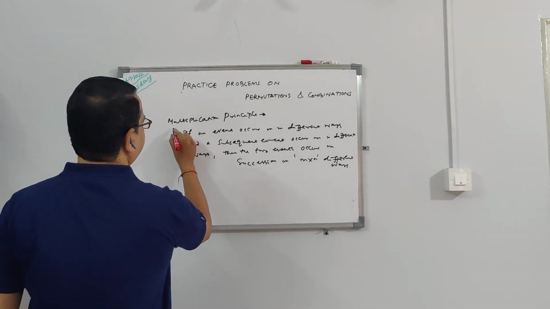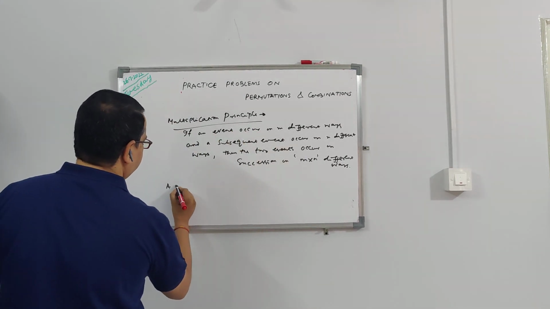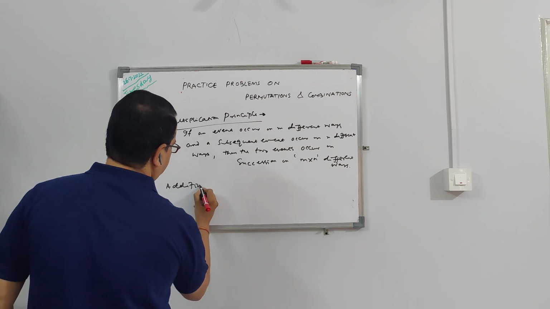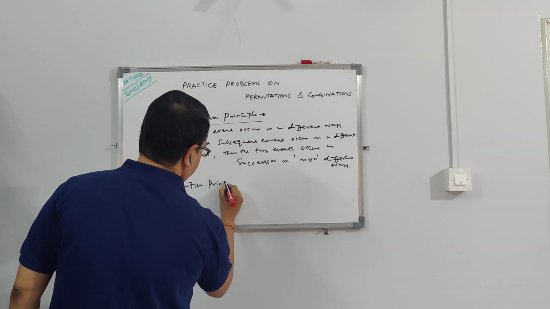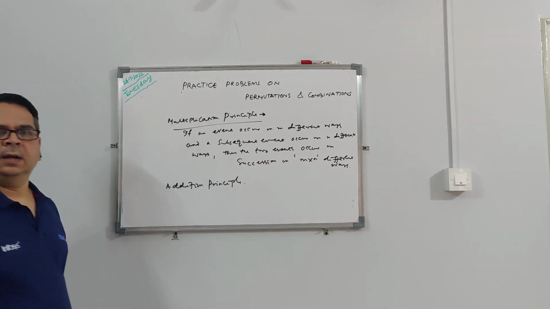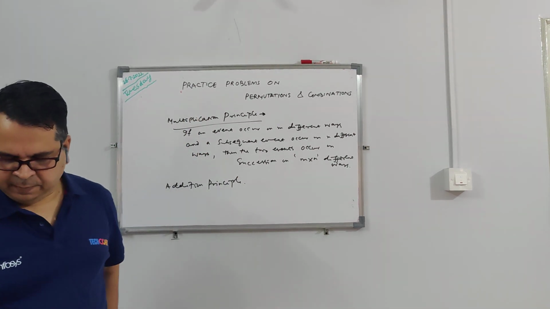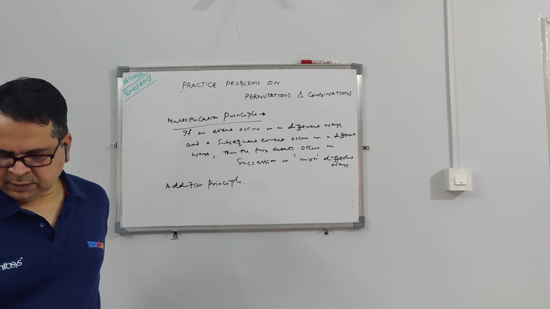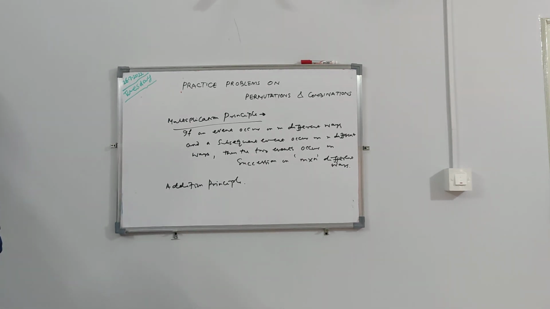And what is the addition principle? This is the multiplication principle, and there is one addition principle. If an event occurs in m different ways, another in n different ways, then either of the two events occurs in m plus n ways.